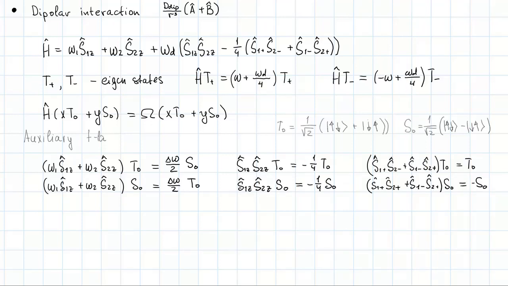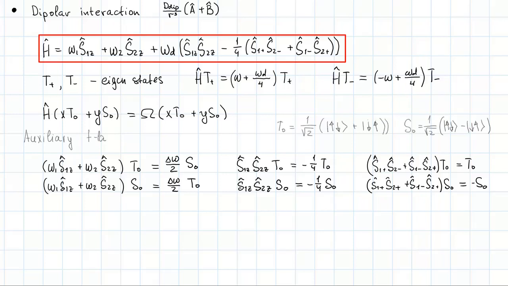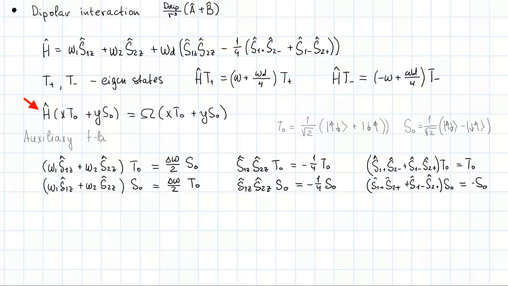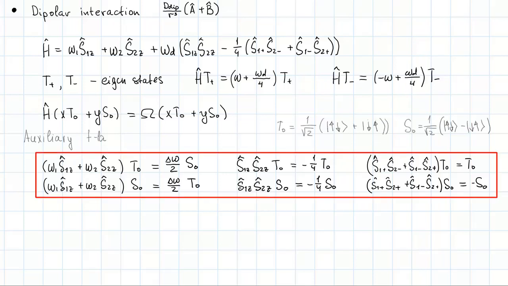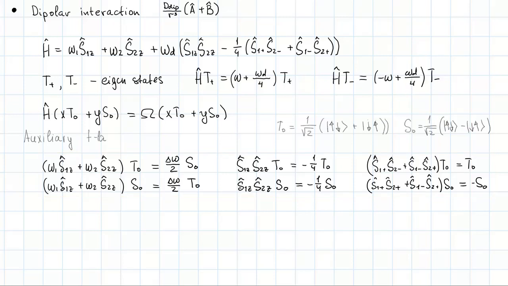I will skip the comments on these formulas since they can be easily verified by simple and direct calculation of the spin operator action on the spin states T0 and S0. Now, by inserting our Hamilton operator into the equation for the eigenvalues and eigenstates, and using these formulas, I obtain the following equation.